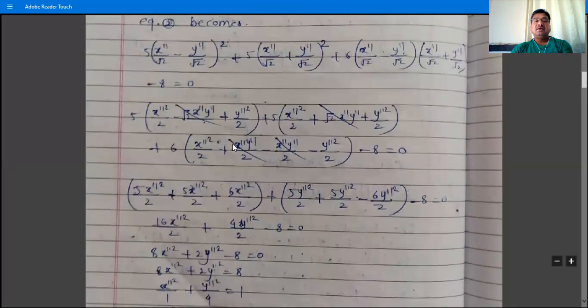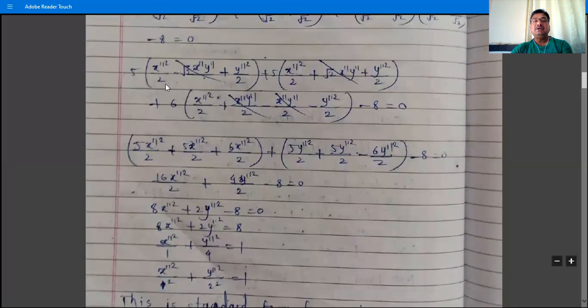If we simplify these terms, what is your observation? Multiplying by 5 to these terms, we observe that these plus and minus terms get cancelled, this plus and minus get cancelled. So what we have: 5 x double dash square by 2 plus 5 x double dash square by 2 plus 6 x double dash square by 2, and these terms get cancelled.